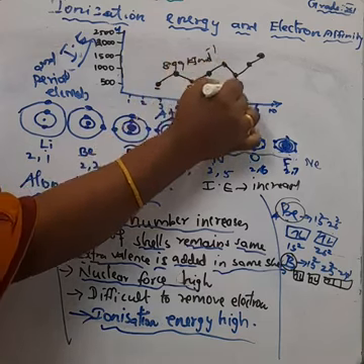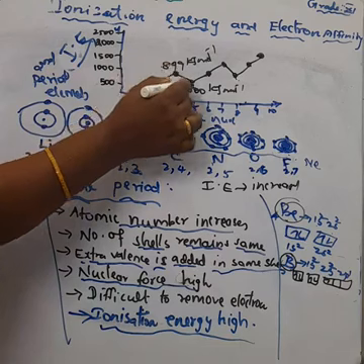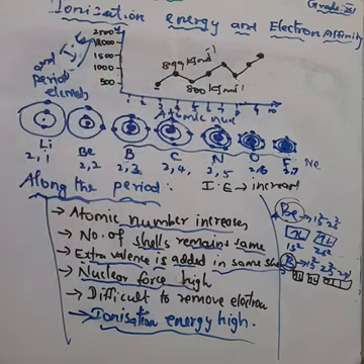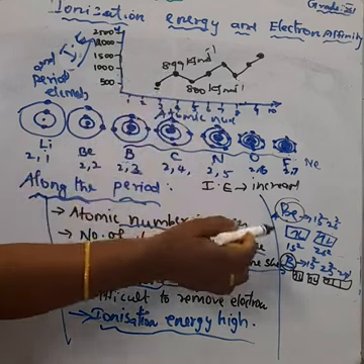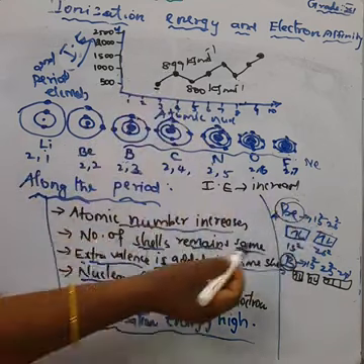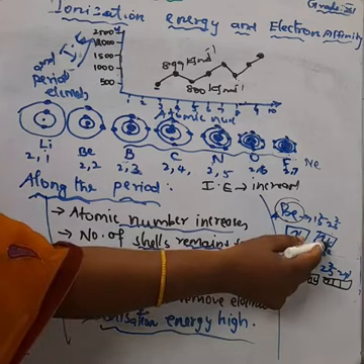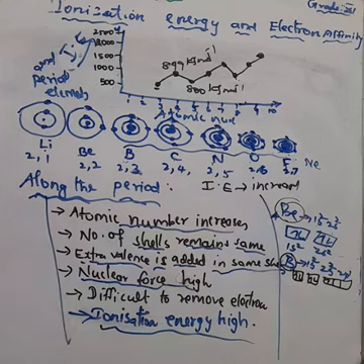Actually, boron should have a higher ionization energy than beryllium. But why does beryllium have the higher ionization energy? Because of the completely filled electronic configuration. The electrons are completely filled in the beryllium atom: first shell 2 electrons, second shell 2 electrons.